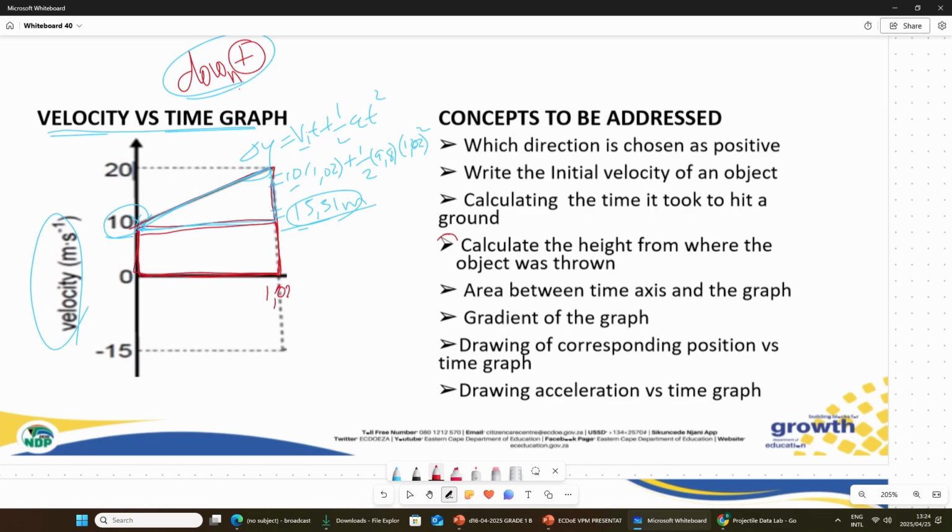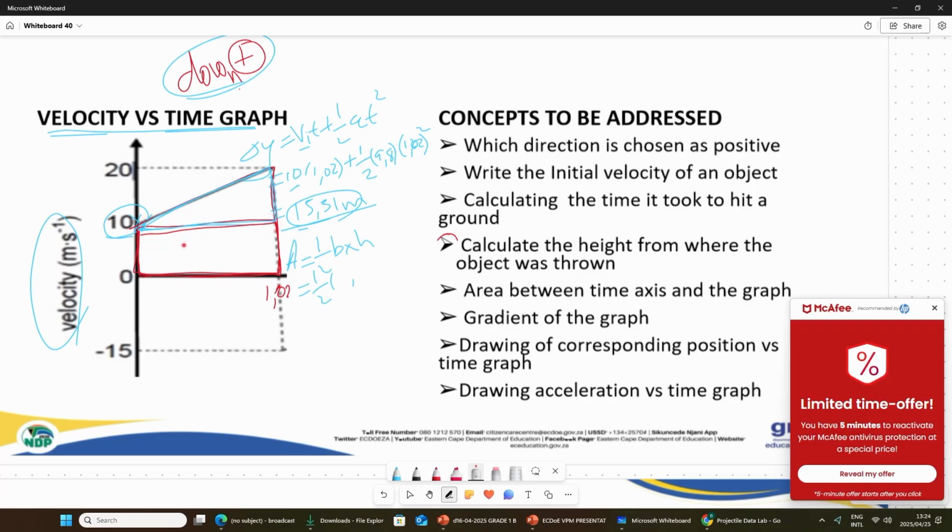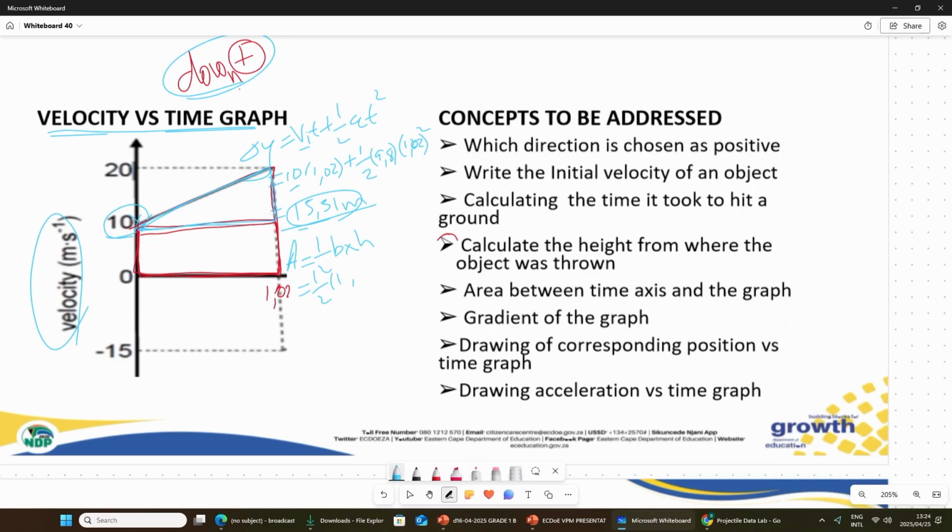Let's calculate the area, starting with the blue part first. The area for a triangle is given as half base times height. Now let's do the substitution. Half into the base, which is our time, this part here, given as 1,02.